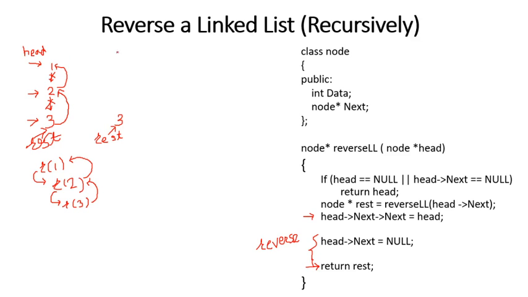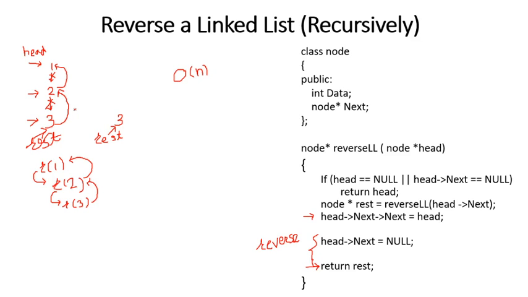The time complexity of the reverse operation is big O of n, where n is the total number of nodes in the list, because for reversal we have to traverse the entire list.